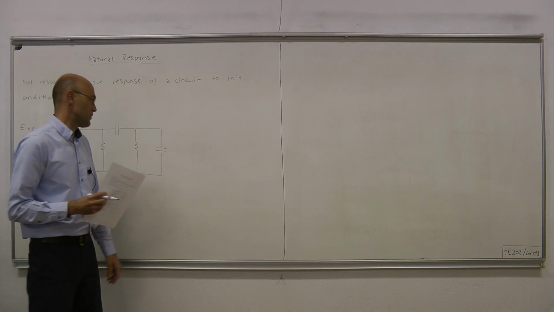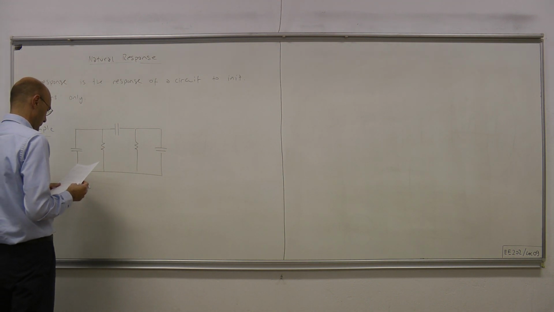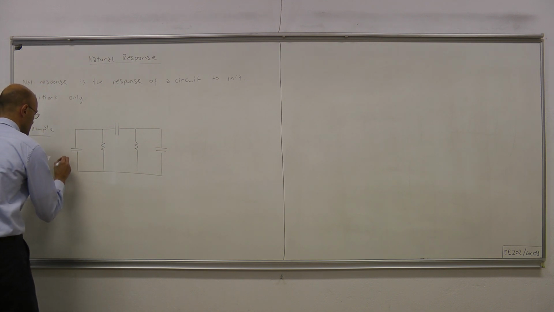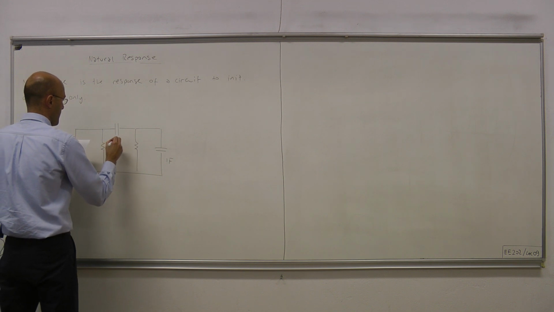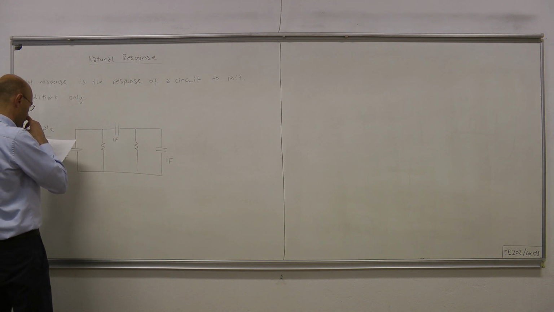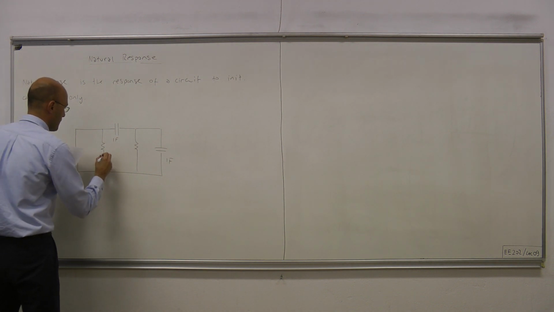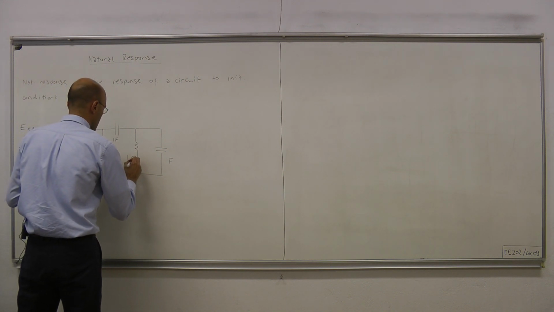So we have 3 capacitors and 2 resistors connected as shown. All the capacitors are of unity capacitance, and we have 1 ohm for both resistances.